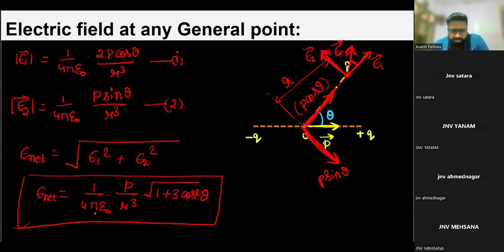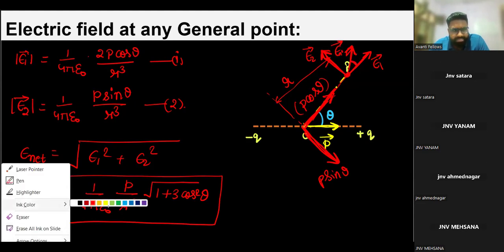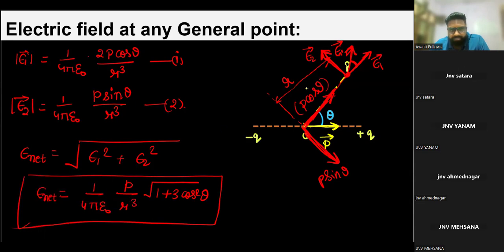Okay. Now here there is a resultant, their resultant will be something like this, the E net vector. What is this angle? This angle is not theta, this angle is alpha. We can say for direction, tan alpha is equal to E2 by E1. And when you do E2 by E1, you will get tan alpha equals tan theta by 2.